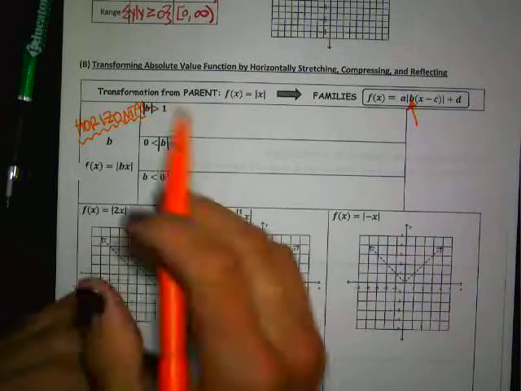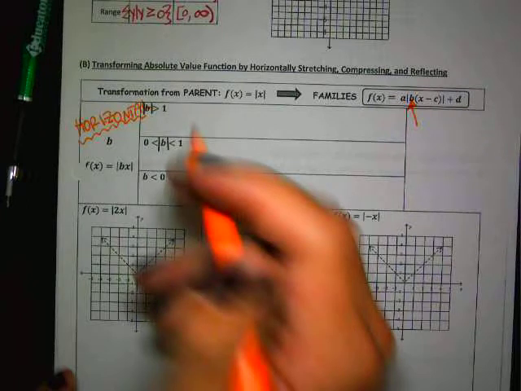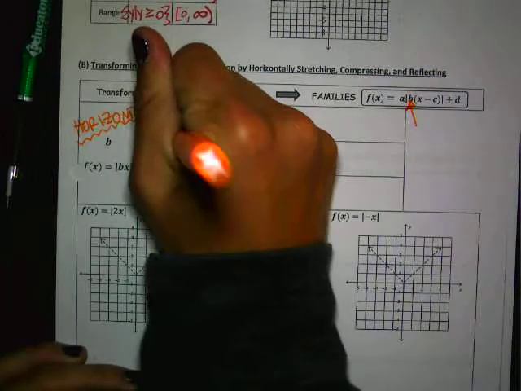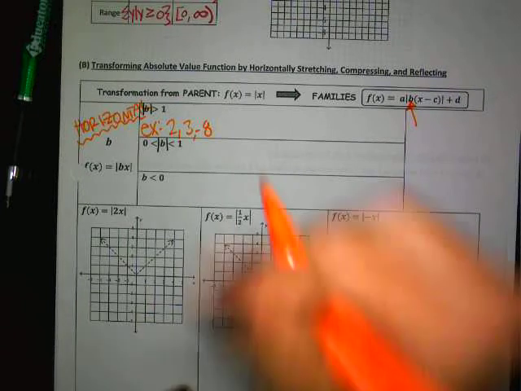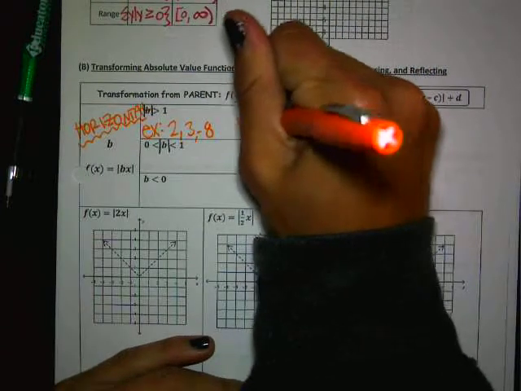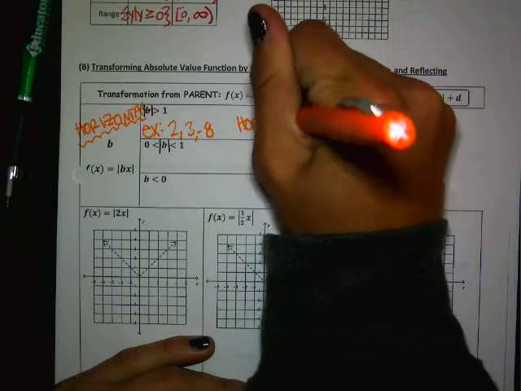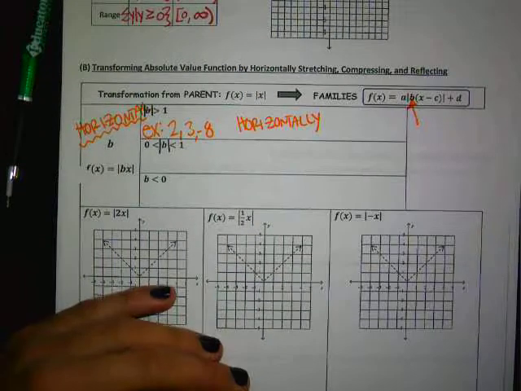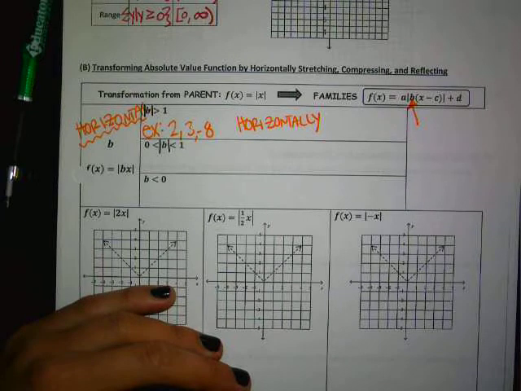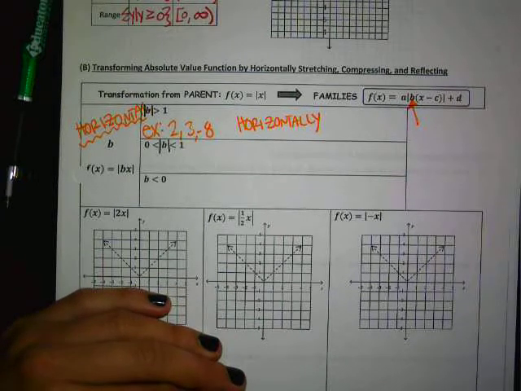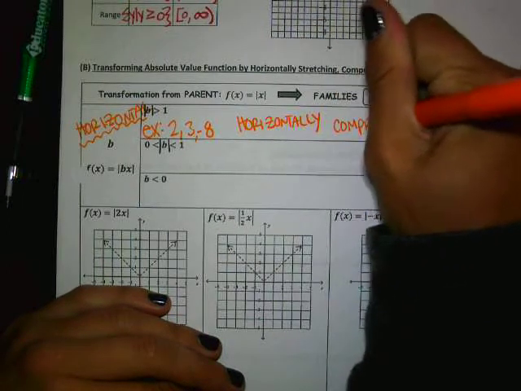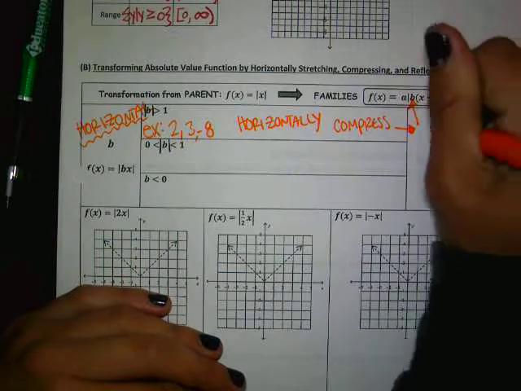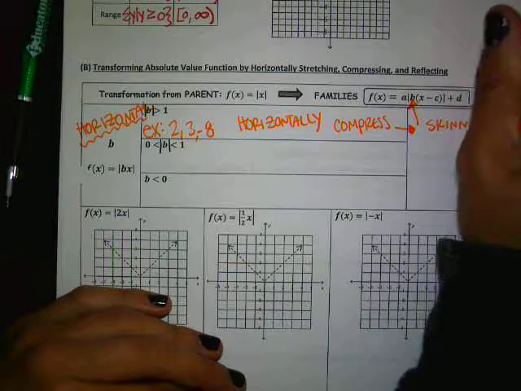So if your B value is bigger than 1, like 2 or 3 or -8, remember the negative sign we're not worrying about, you are going to horizontally compress, which makes your graph get skinny.